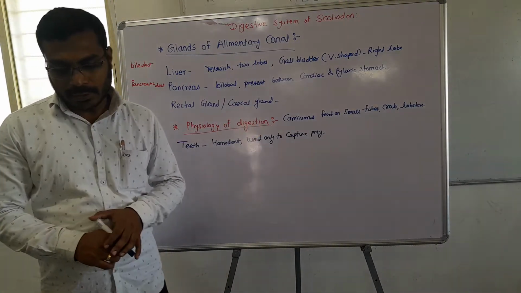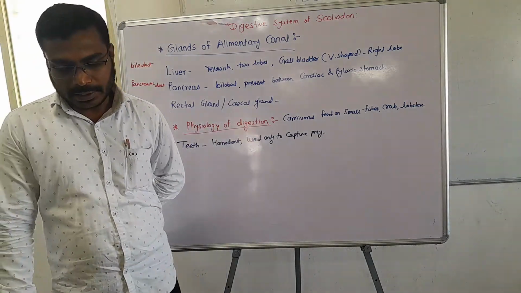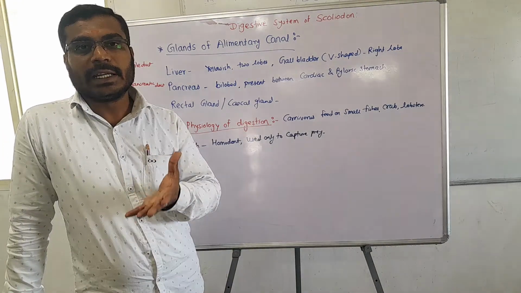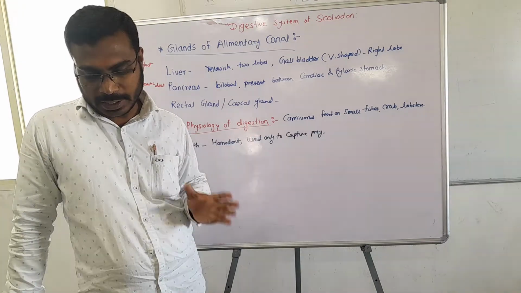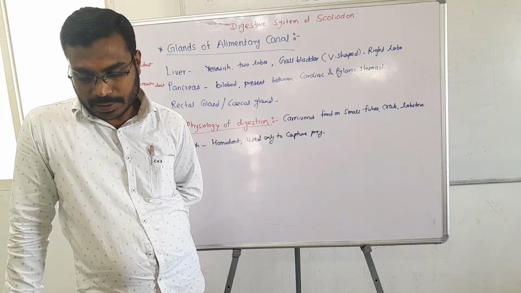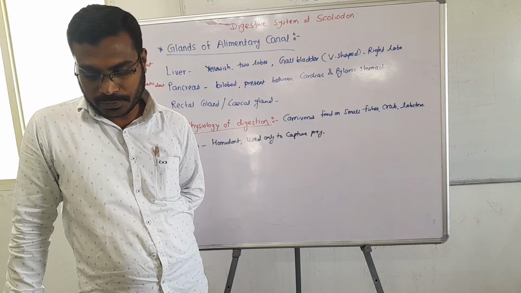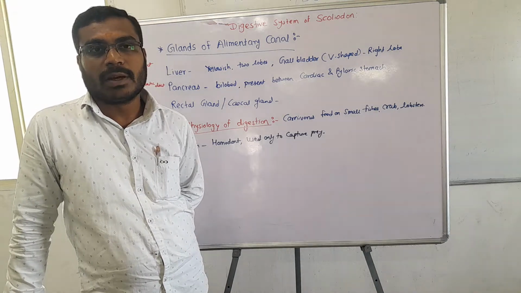Then what happens? The teeth are sometimes used for tearing the captured fishes, crabs, lobsters, etc. Salivary glands are absent in the mouth of the fish, and no digestion occurs in the buccal cavity.